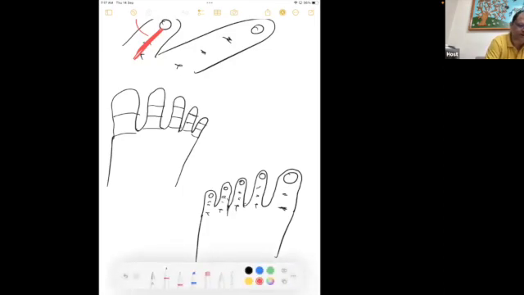So now the three meridians in the index toe, three meridians in the middle toe. So this is the lung meridian, pericardium meridian, and the heart meridian.